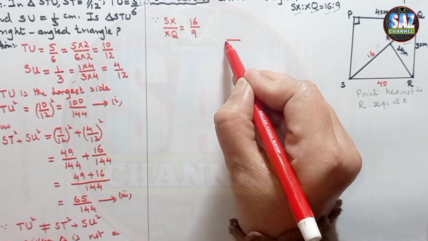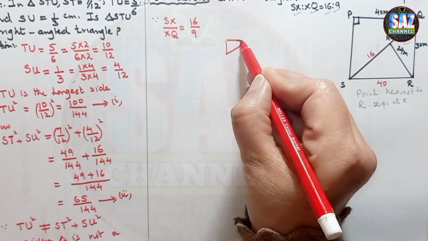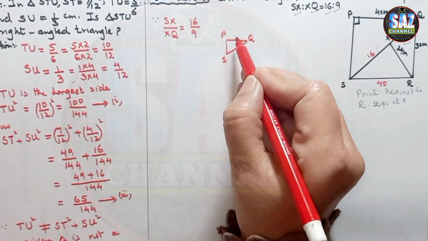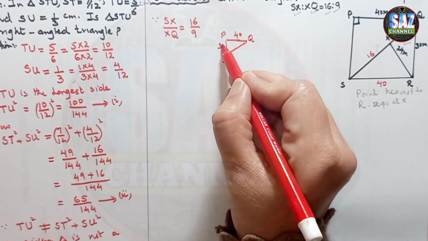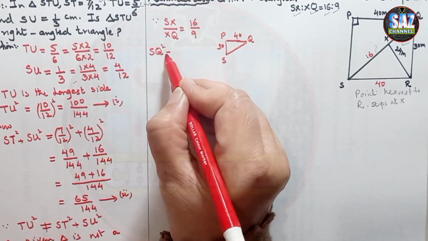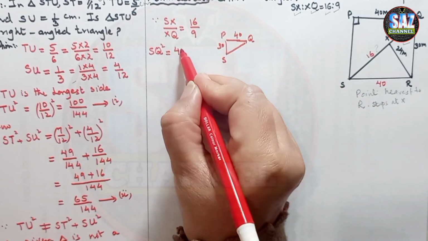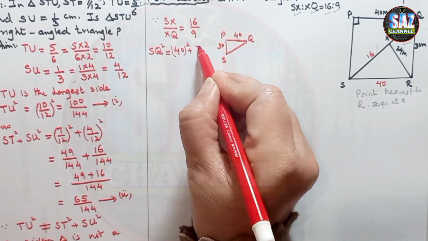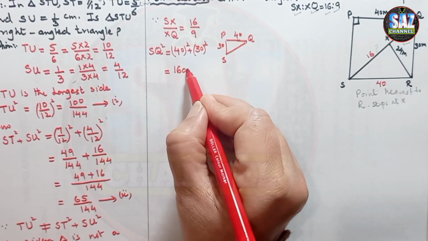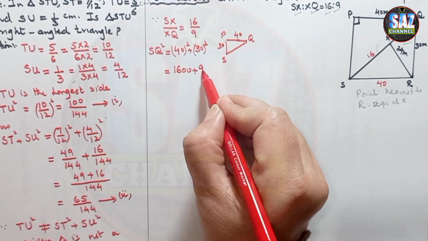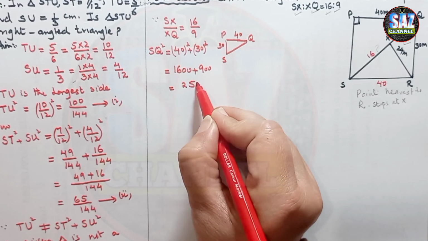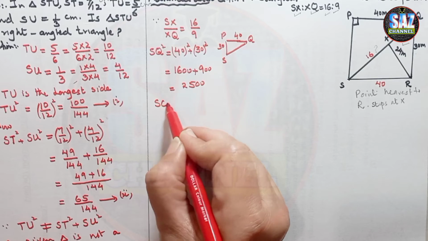Let me make a small triangle here so that my students can understand easily. This is P, Q, and this is S, and this is 40, and this is 30. Now, SQ square equals 40 square plus 30 square, which is 1600 plus 900, equal to 2500.